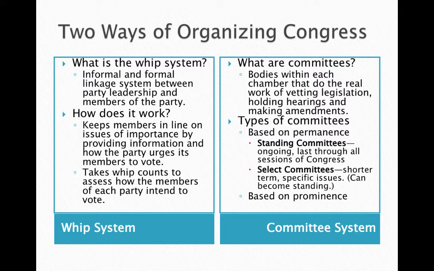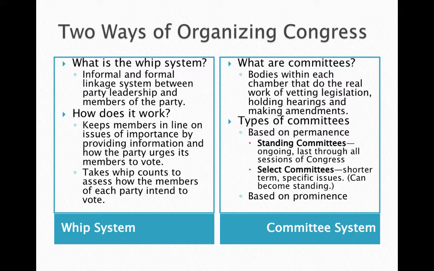Standing committees are ongoing, meaning every 2 years there's a new Congress because the House of Representatives turns over every 2 years. And there will be new committees each time, but it's the same committee. So it's always the Senate Committee on Foreign Relations. It just has new members.